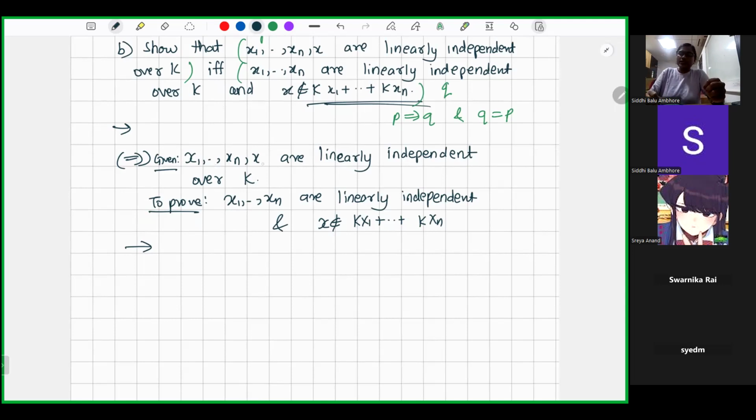This x1 to xn and x, it's not of much significance.